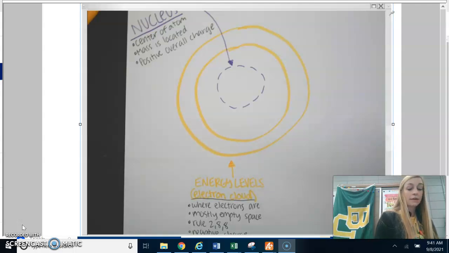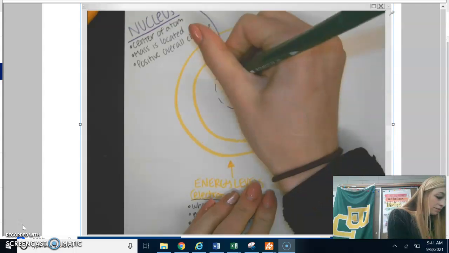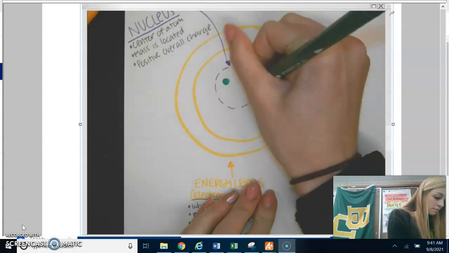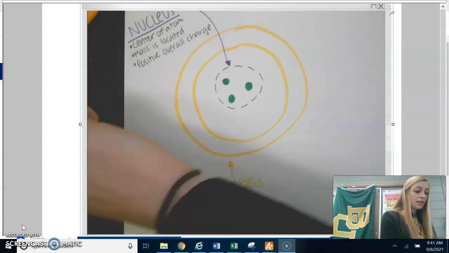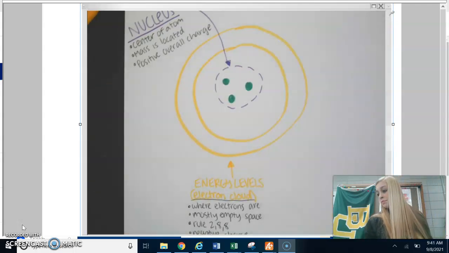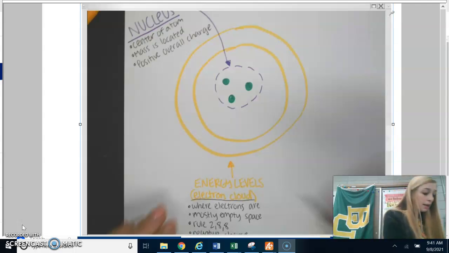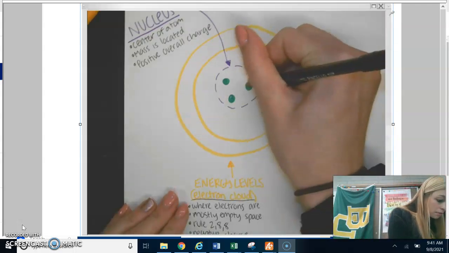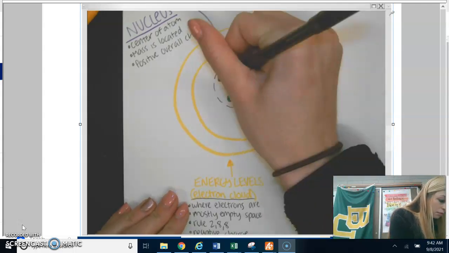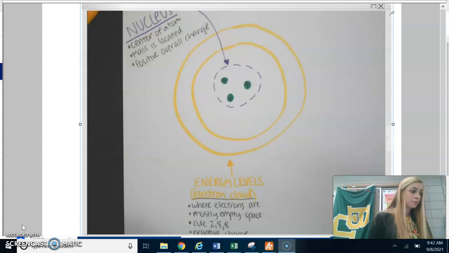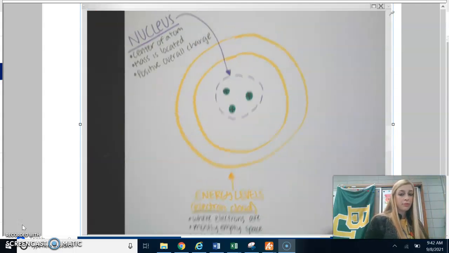So inside my nucleus, I'm going to draw 1, 2, 3 protons. And because they're protons, I'm going to put a plus sign in the middle. So I drew 3 protons in the nucleus.